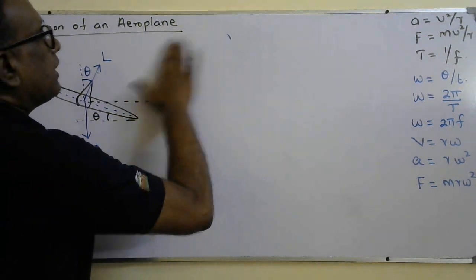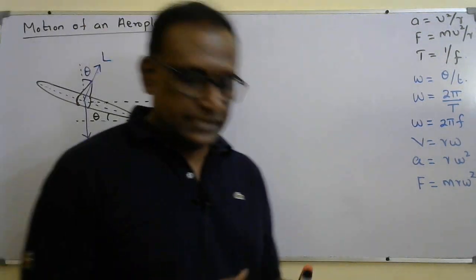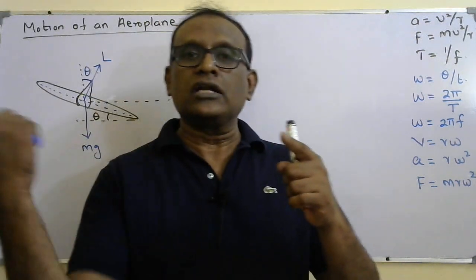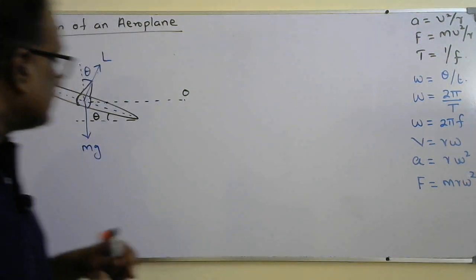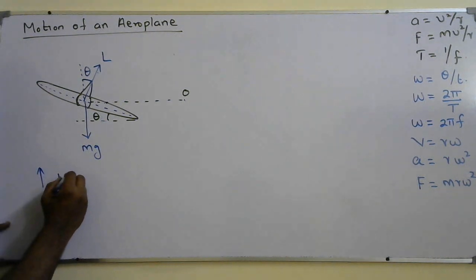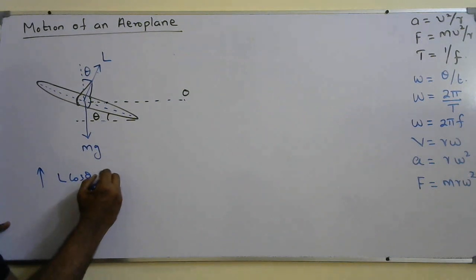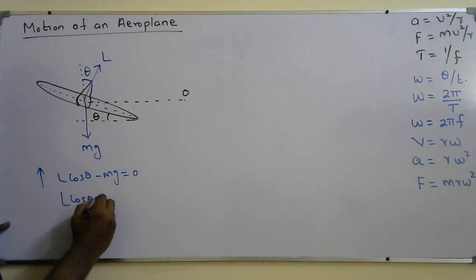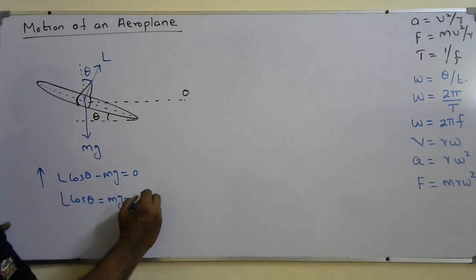So if it is moving, it moves at constant speed. Since it's moving on a horizontal circular path, the resultant vertical force must be equal to 0. So we can say L cos theta minus mg equal to 0, so L cos theta equal to mg.